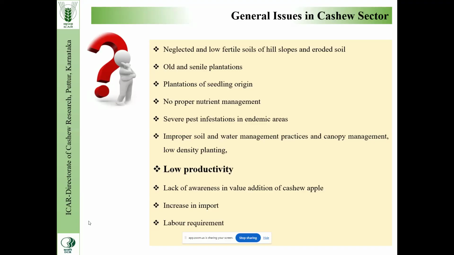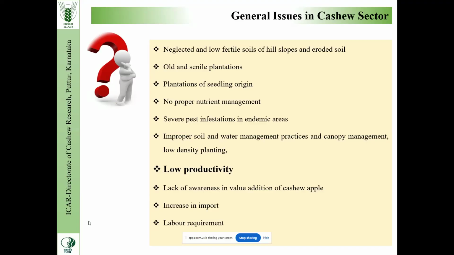Then there is the lack of awareness of value addition with respect to cashew apple. In the cashew sector, after harvesting and collecting the nuts, the complete fruit attached to the nut is treated as waste, and farmers throw it in the field, where it decomposes in the plantation itself. There is no well-established awareness among growers, consumers and processors that it is rich in vitamin C and important mineral components.